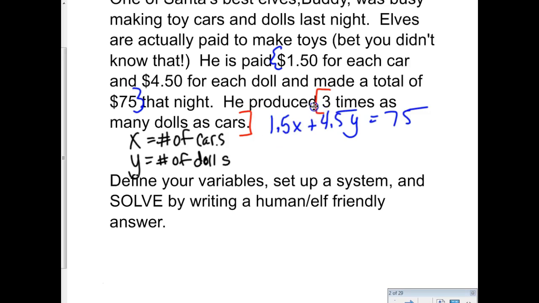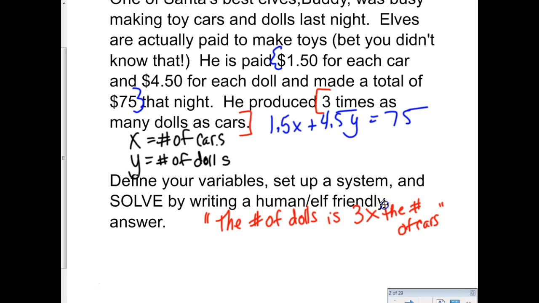So instead of saying he produced 3 times as many dolls as cars, we could reword this as the number of dolls is 3 times the number of cars. So in order for you to just straight translate to algebra, it has to be written in that sort of notation.